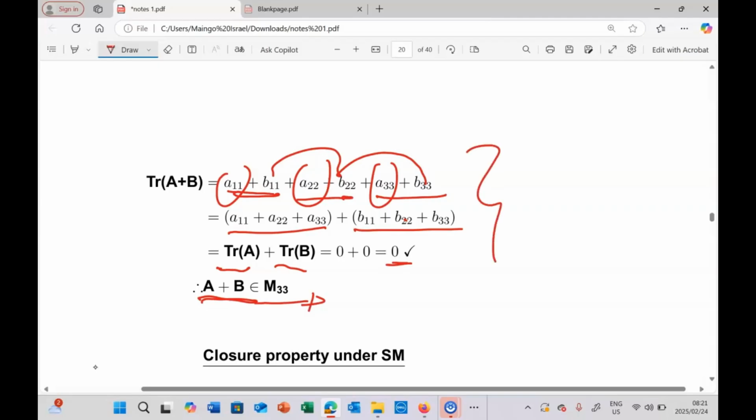You don't conclude before you prove this condition.